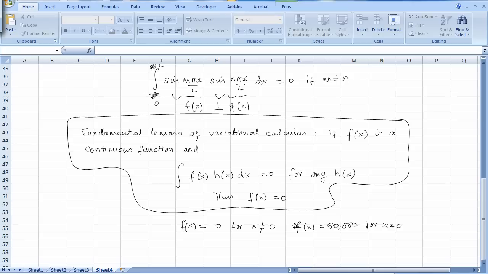Then its integral with respect to all other functions will be 0, right? But this is not a continuous function. Typically there will be some pathological cases, and we want to avoid them by saying that the function is nice. That is, if it is high at one point, around it should be high. It has to be continuous, otherwise you'll have all kinds of difficulties.